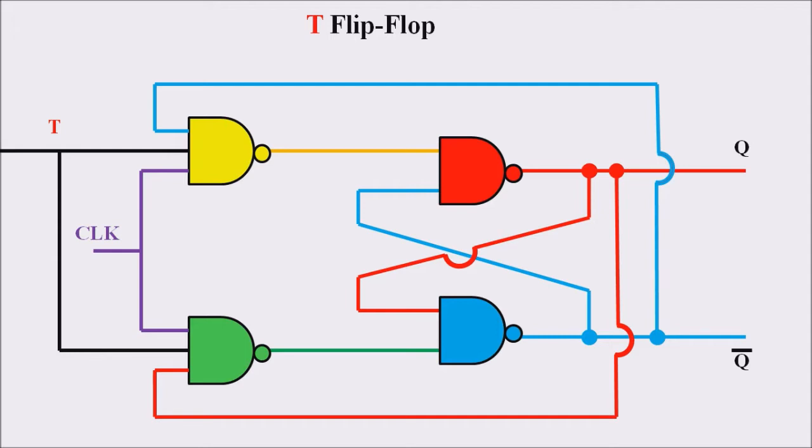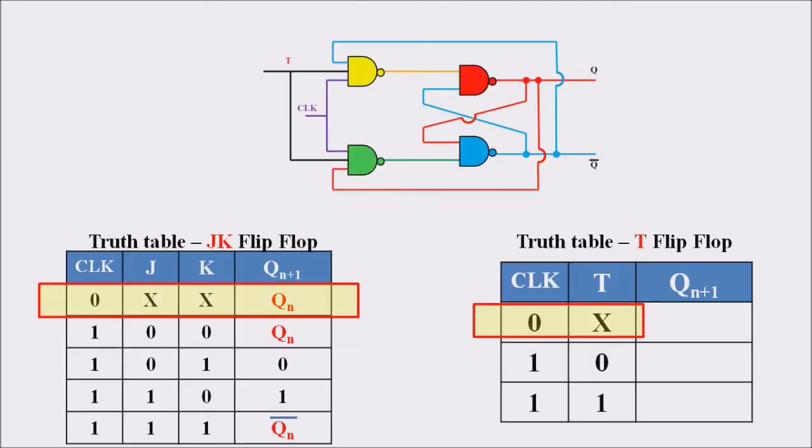Here we can see that in the first set of NAND gates, both the inputs are the same for the T flip-flop. And now we are moving towards the working of this T flip-flop. If we are considering the truth table of T flip-flop, let us consider our first case with the clock equal to 0 and T value as a don't care condition.